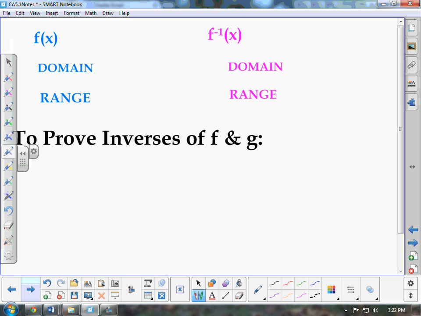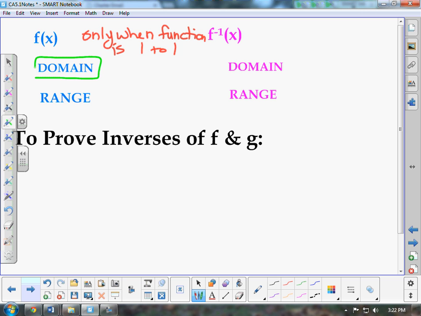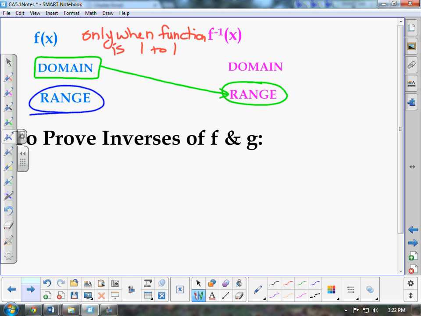Then, if you have a function and you have its inverse, and this can only happen when the function is one-to-one, then the domain of the function is the range of its inverse, and the range of the function is the domain of its inverse.